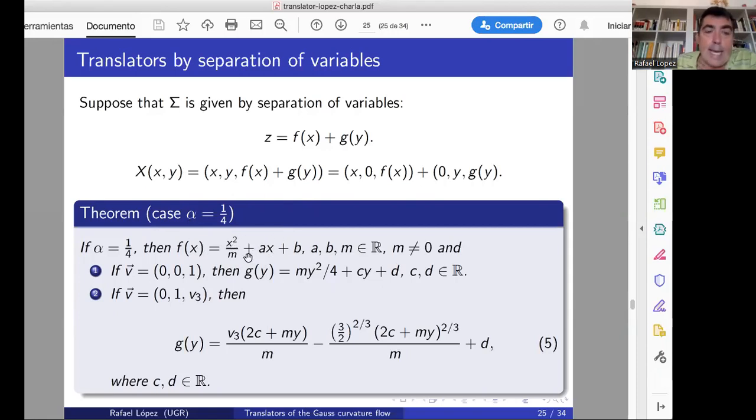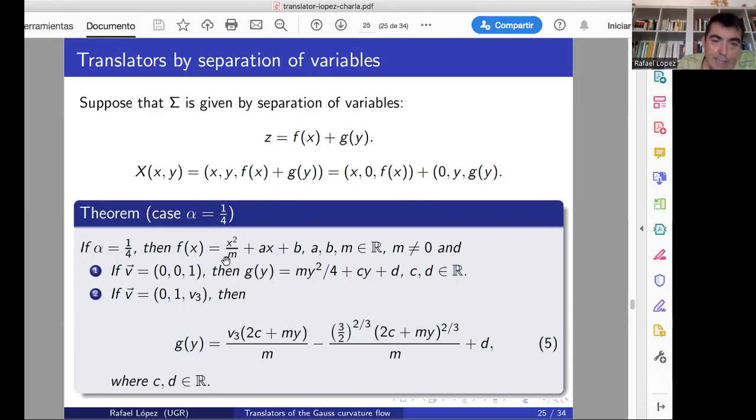And if the speed is (0, 0, 1), then I obtain this solution for g, which is also a parabola. Or if v is (0, 1, b3), this is the expression of g. Here, I repeat, the role of f and g interchange.